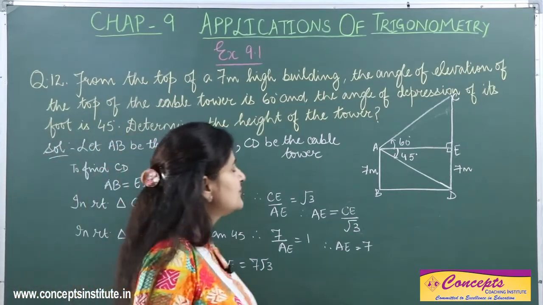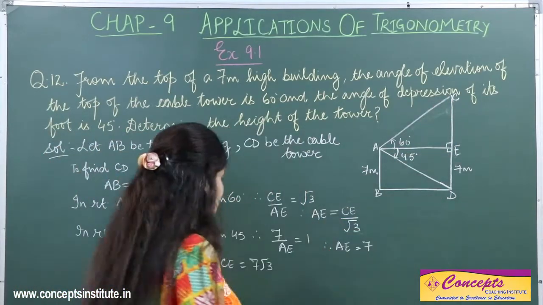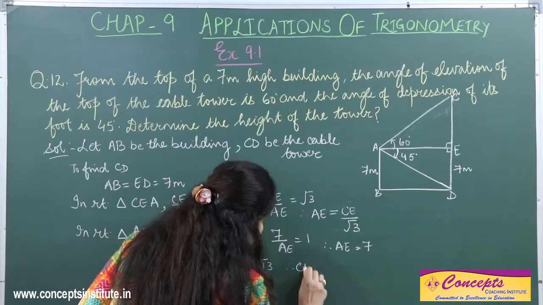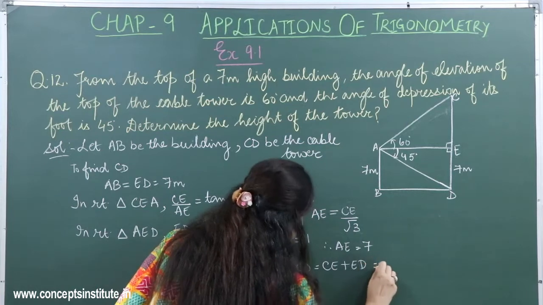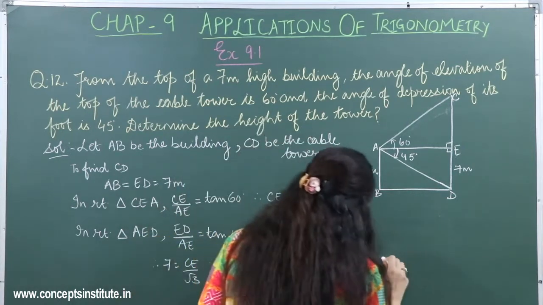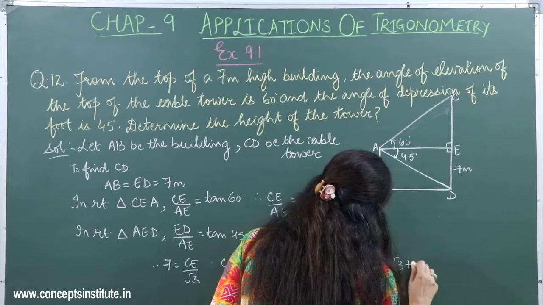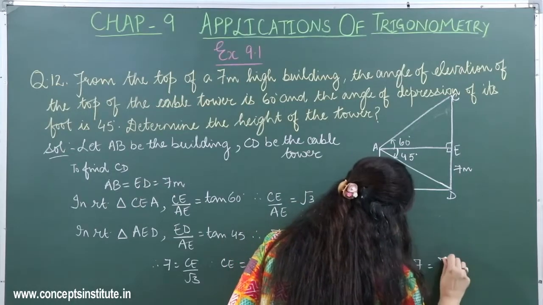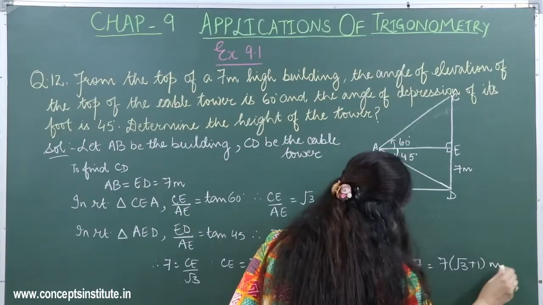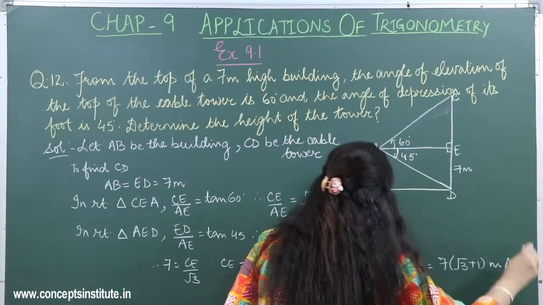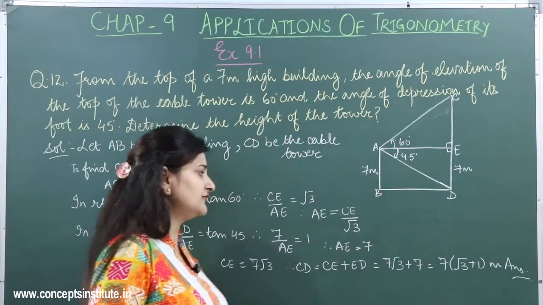Now we are supposed to find out CD, and what is CD? CD is CE plus ED. That means it would be 7 root 3 plus 7. So if I take out 7 common, it would be 7 into root 3 plus 1 meter, and this is the answer because this is the height of the cable tower.